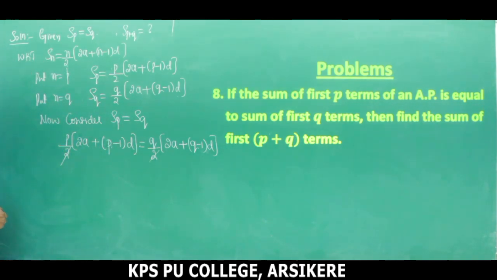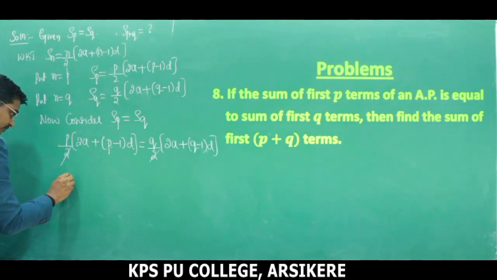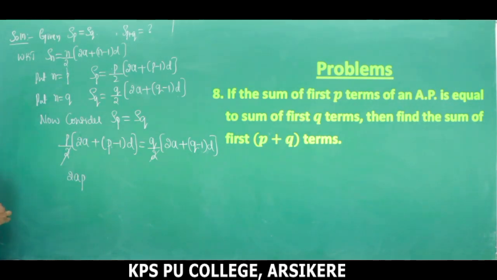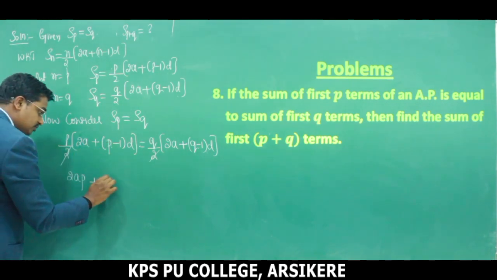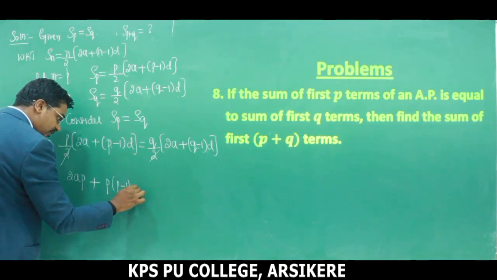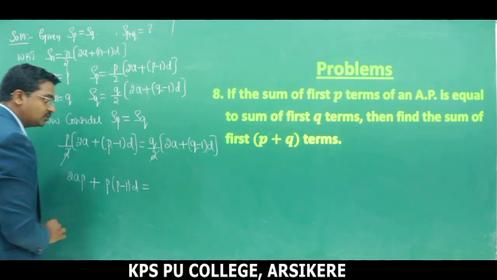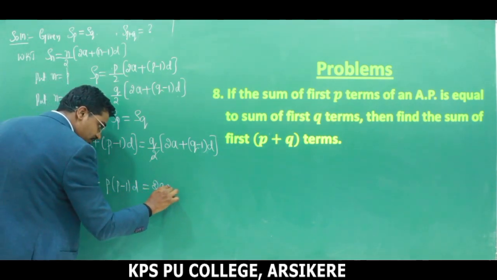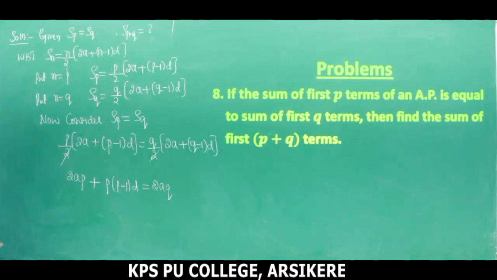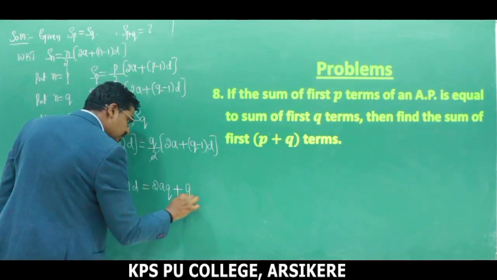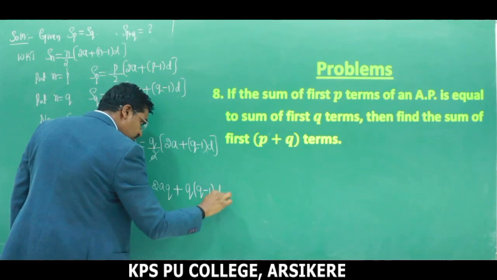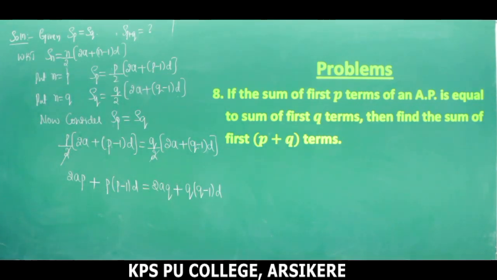Next step is simplification. So p into 2a, this can be written as 2ap, multiply by p there, 2ap plus p into this term, so p into p minus 1 into d. On the right hand side also this can be written as 2a into q, q times 2a is 2aq plus q times of q minus 1 into d.